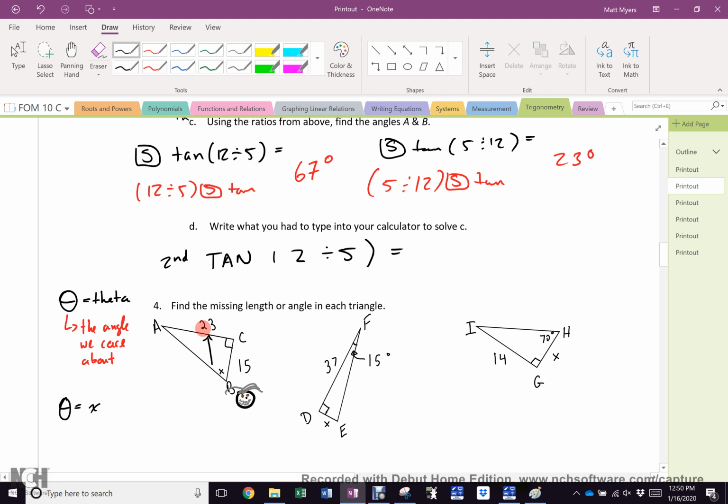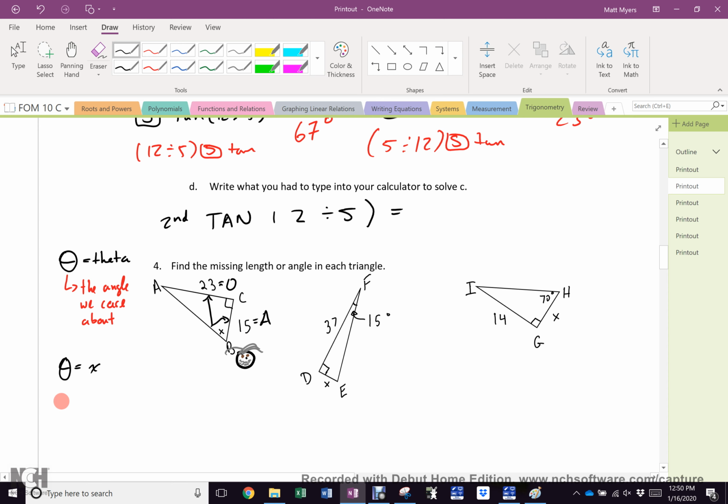How do you know it is opposite? Because it is across from me. What is that? Adjacent. How do you know? Because it's beside me, but it's not the hypotenuse. So now I come to here and I write opposite equals, oh, hey, it's 23. Adjacent equals, oh, hey, it's 15.